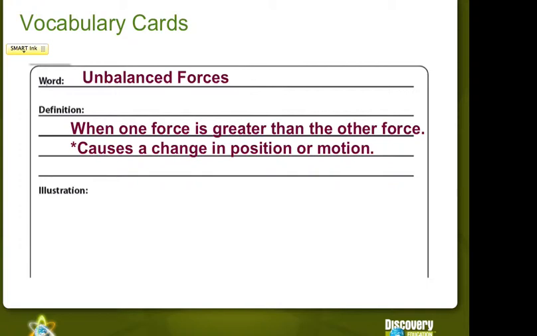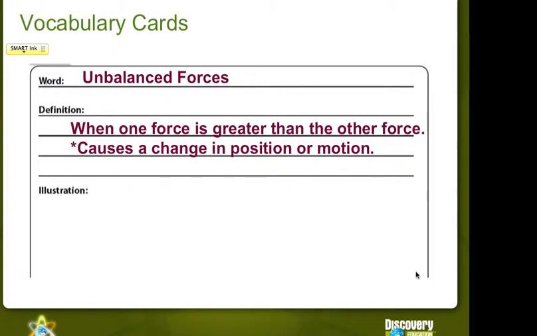This would be like the tug of war. In a tug of war, if neither side is winning, that would be balanced forces. Or if two people were arm wrestling and neither side was winning, that would be balanced force. However, in tug of war, if one side won, that would be unbalanced. In arm wrestling, if one side won, that would be unbalanced.